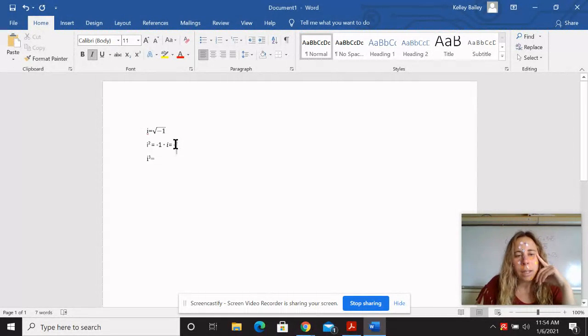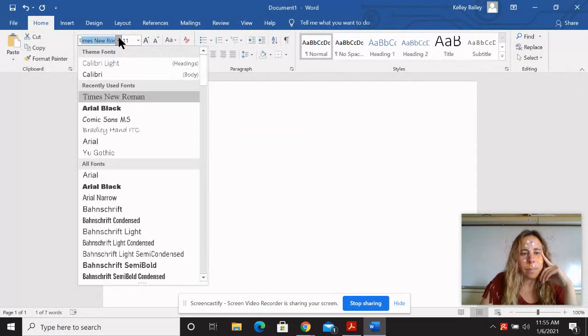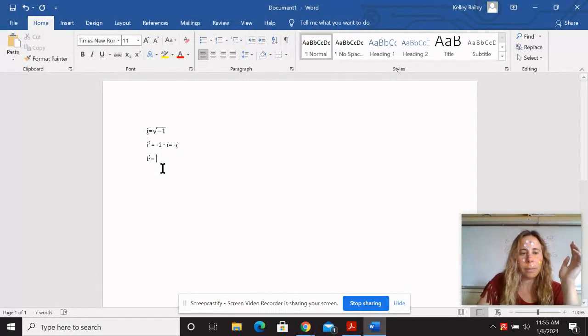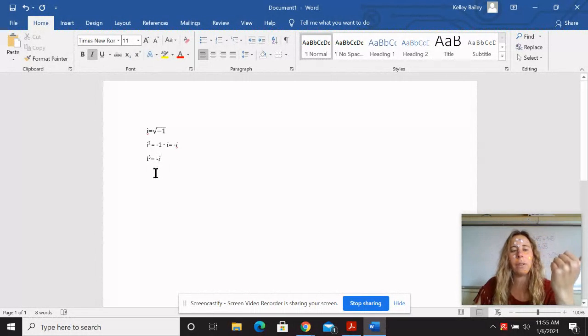So I cubed is -I. Okay, so to do the problem, we have to find I squared, which we know is -1. We now know that I cubed is -I.